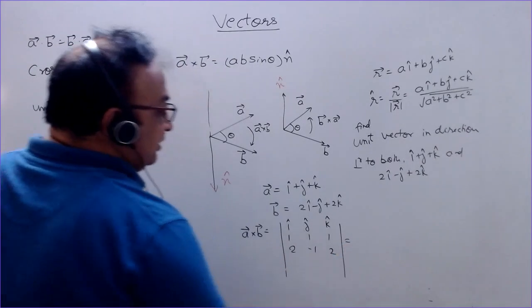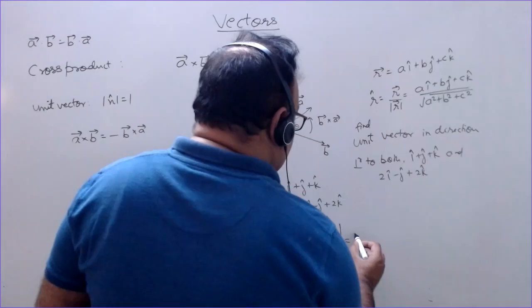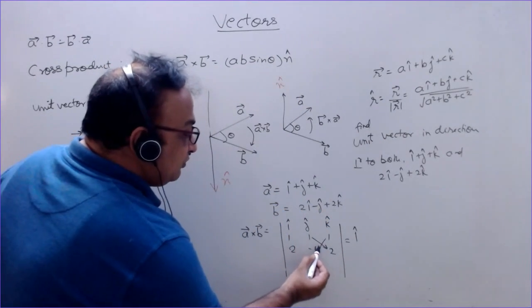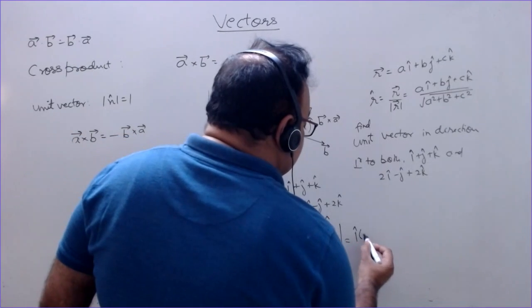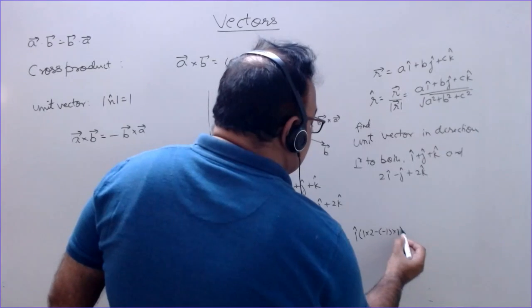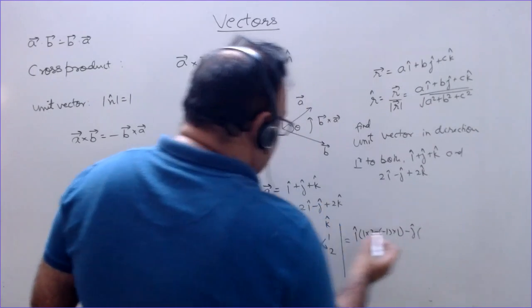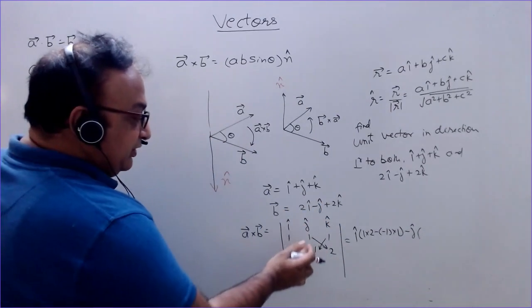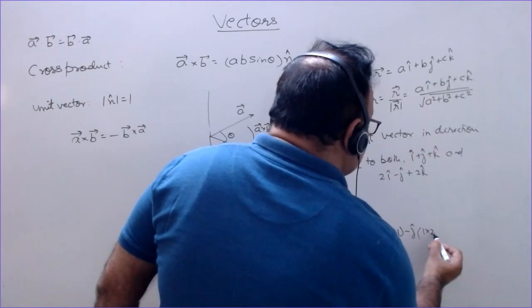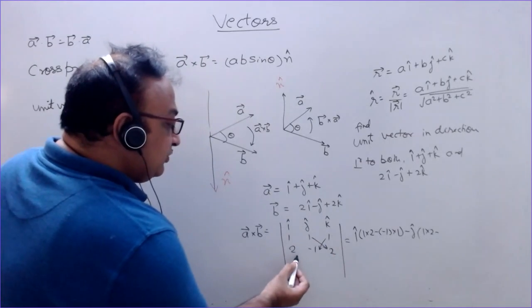And simply find their product. So this is equal to i into 1 into 2 minus 1 into -1. Minus, second with a minus sign, j into 1 into 2 minus 1 into 2.